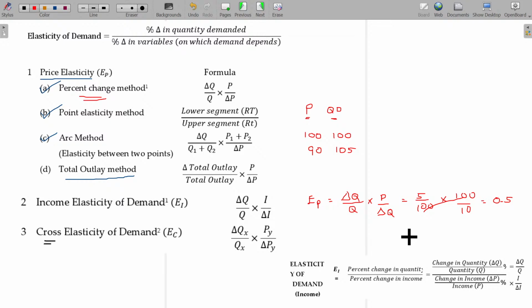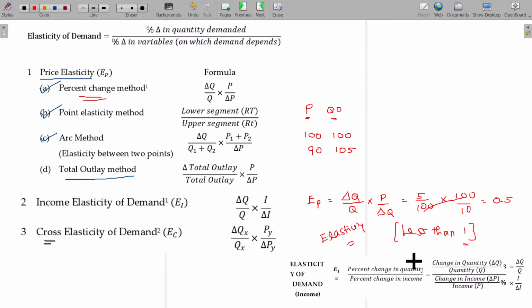What is this? It's less than unitary elastic. Less than 1. Is there any elasticity available here or not? Elasticity is there, but it is less than 1.